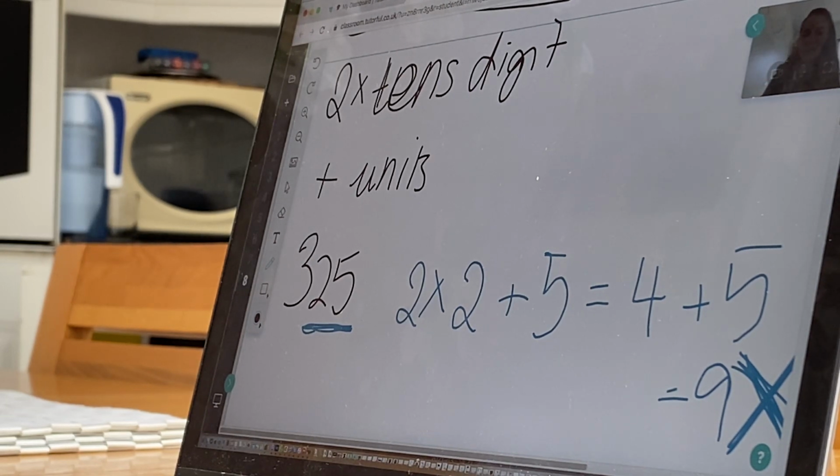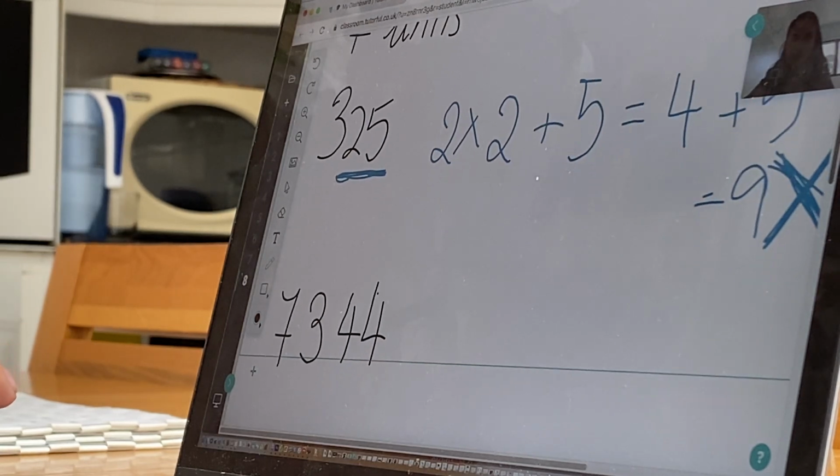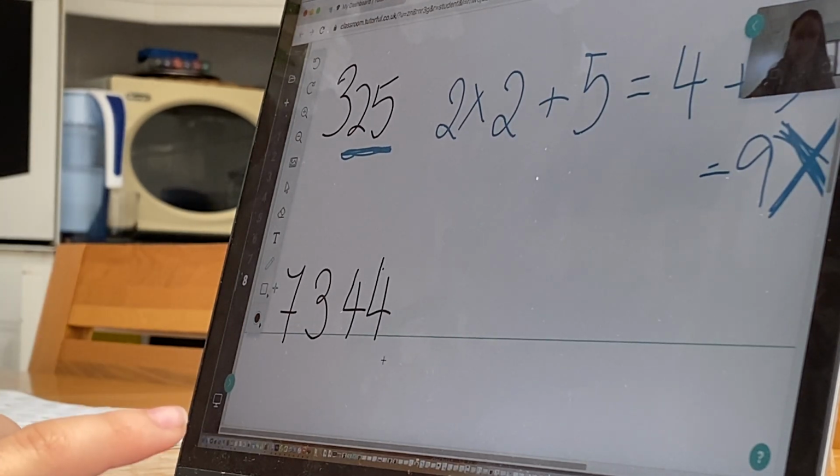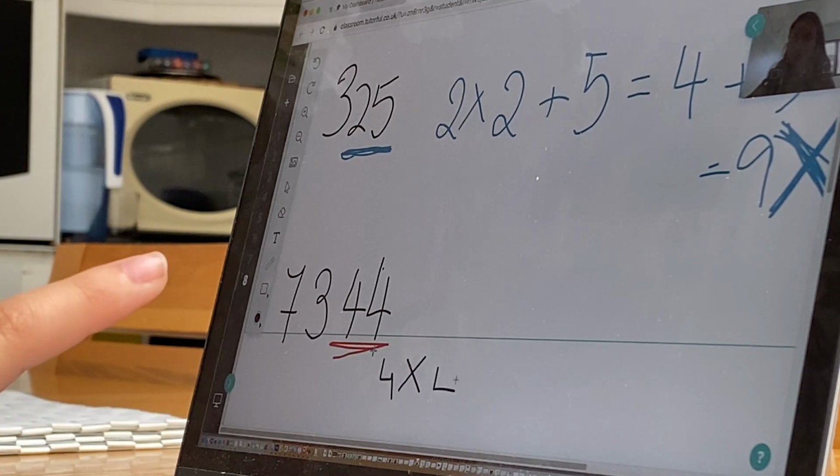Now let's try this one here: 7,344. To check if it's divisible by 4, we only check these 2 digits.